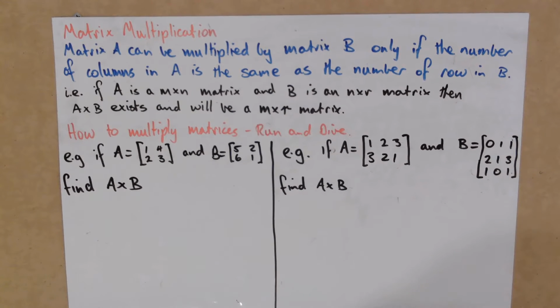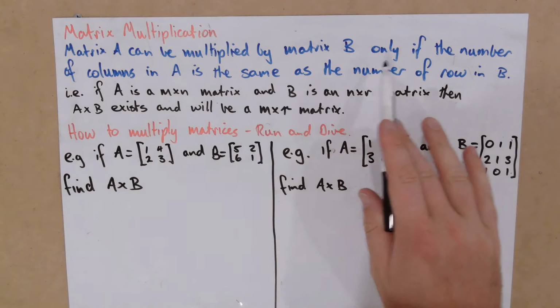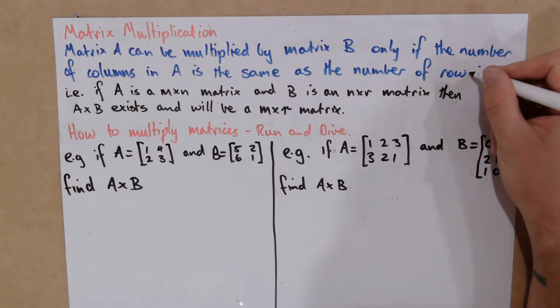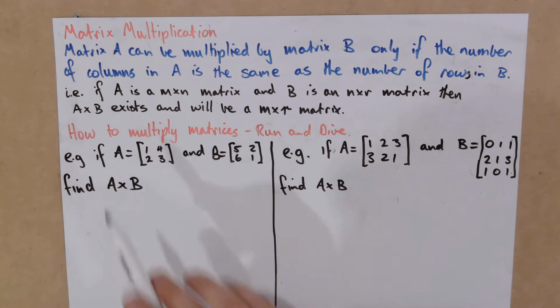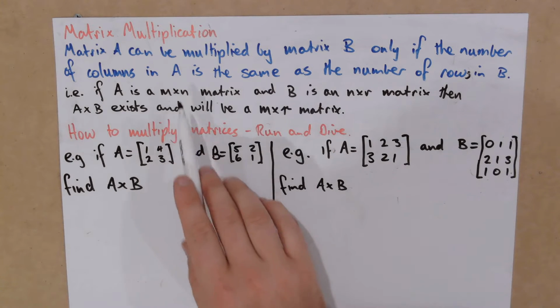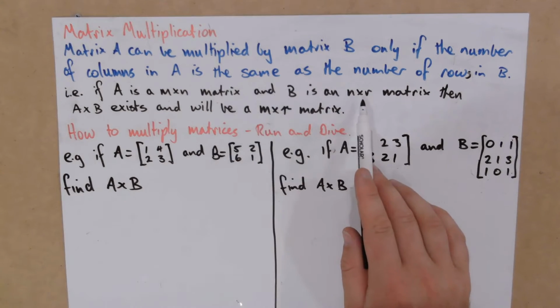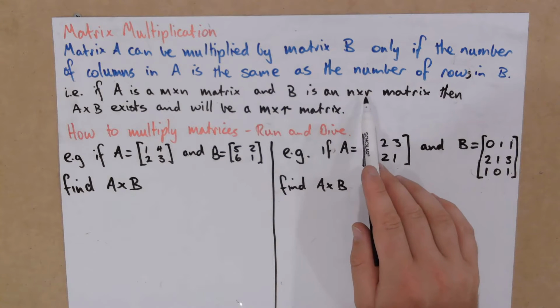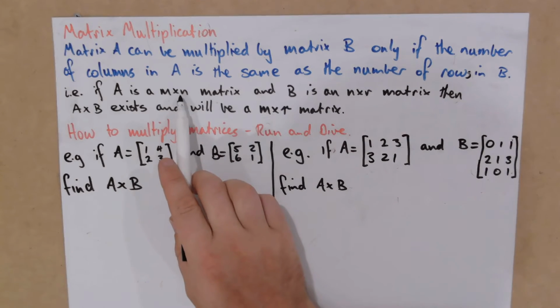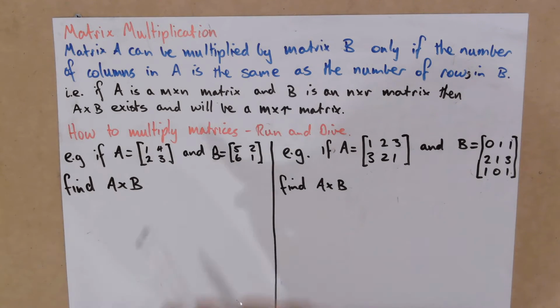So, matrix multiplication. This is a little bit trickier than the other work that we're doing on matrices, but a matrix A can be multiplied by a matrix B only if the number of columns in A is the same as the number of rows in B. So i.e. if A is an m times n matrix, so m rows, n columns, and B is an n times r matrix, or n rows, r columns, then A times B exists because this value and this value are the same.